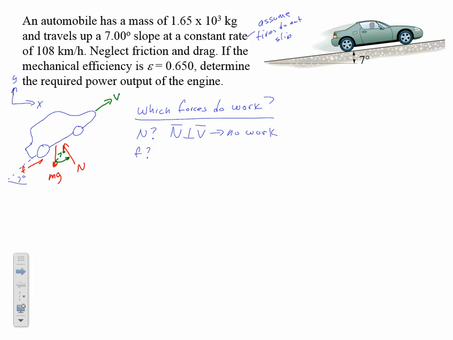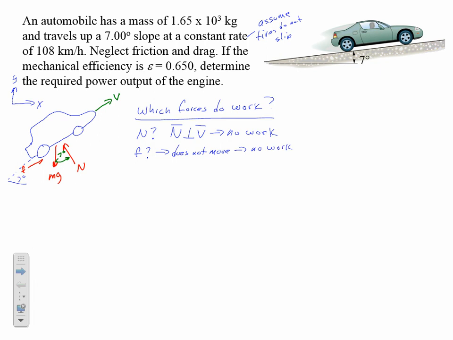As the tire rolls, different parts of the tire come into contact with the road, but none of those parts are slipping. So this friction force that I've drawn doesn't actually move. It's a static friction force. We'll talk more about rolling of wheels in our next module. But since the tires are not slipping, F does not move, and it does no work.